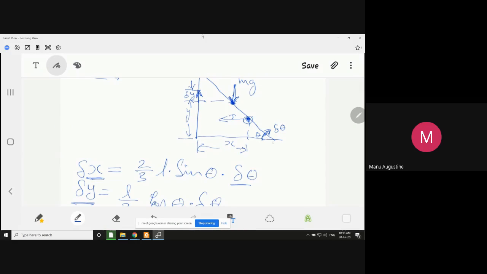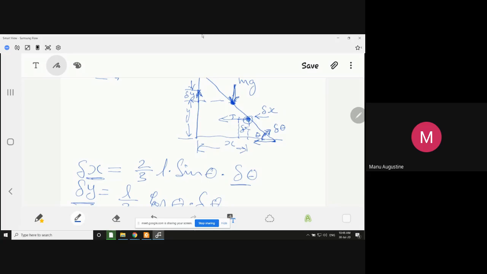See, if theta is increased, that means I am moving this point towards the left. I am shifting the rod towards the left side from the bottom. That will increase theta. And in doing so, this point will be forced to move towards the left by a small value of delta x. So that means delta x has a direction towards the left.